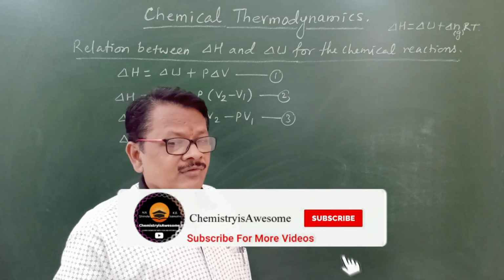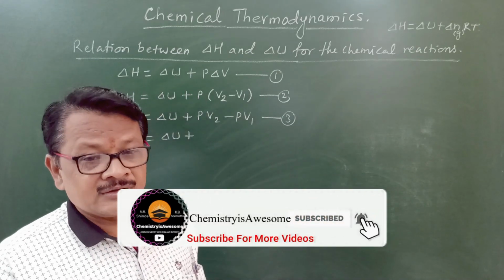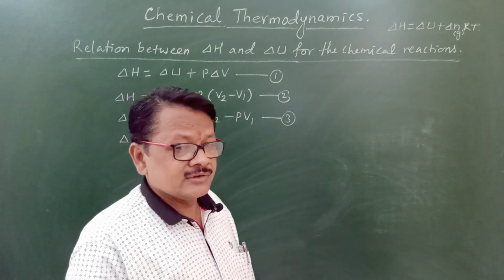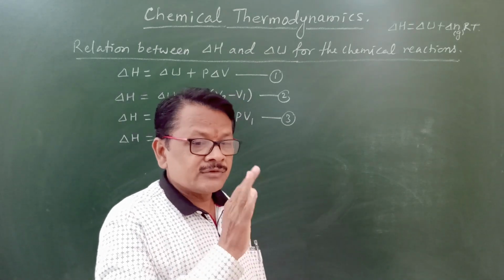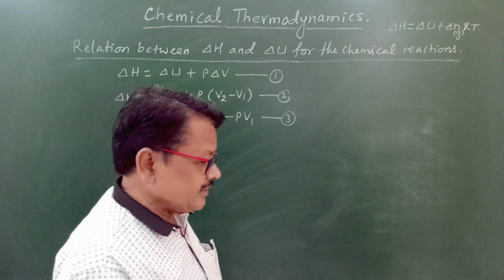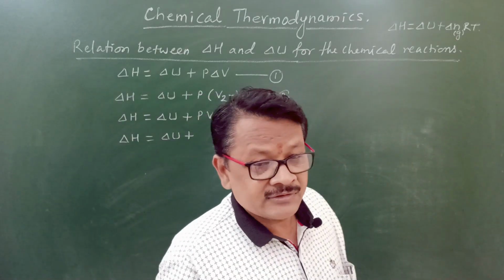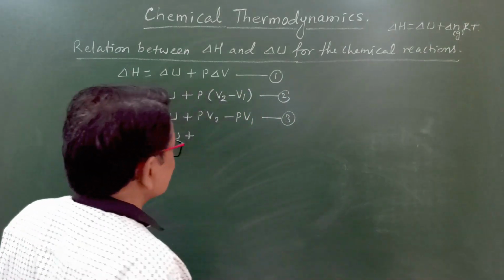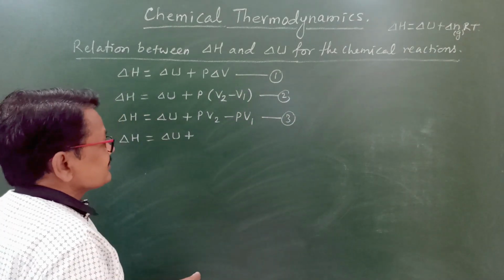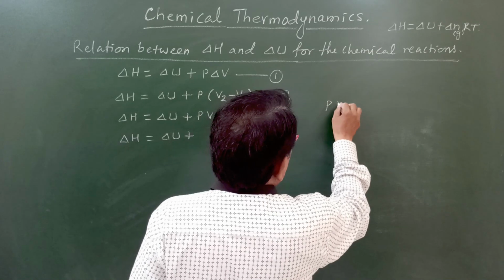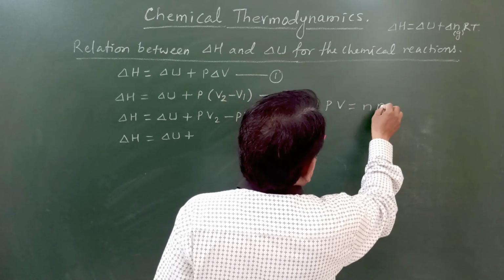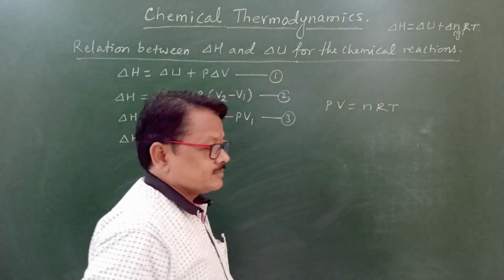We know that PV is equal to nRT. So that is the general gas equation that is followed if those gases, present on the reactant side or product side, are ideal gases. Then PV is equal to nRT. So this is the ideal gas equation.